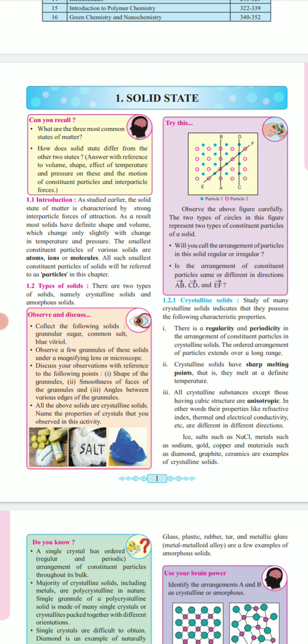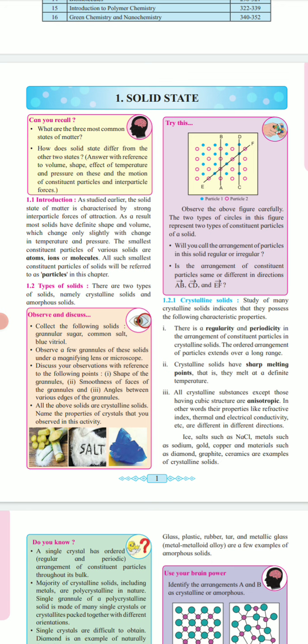Second, crystalline solids have a sharp melting point, that is, they melt at a definite temperature. Third, all crystalline substances except those having cubic structure are anisotropic.